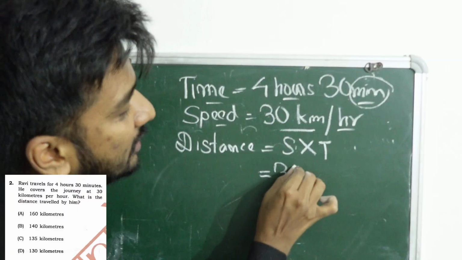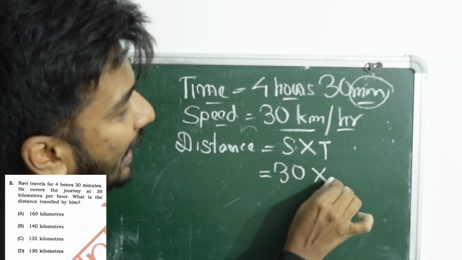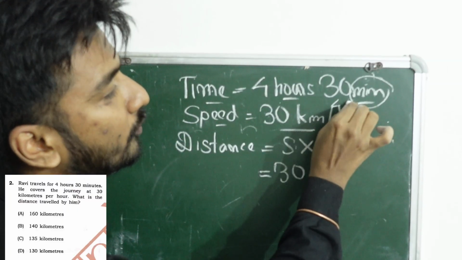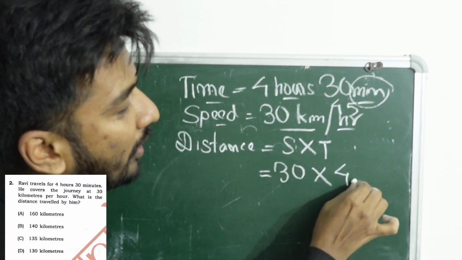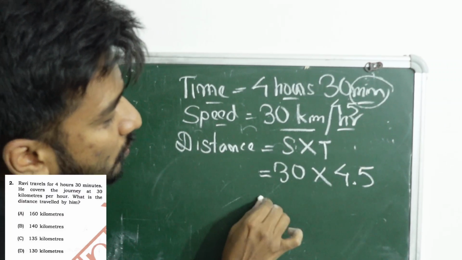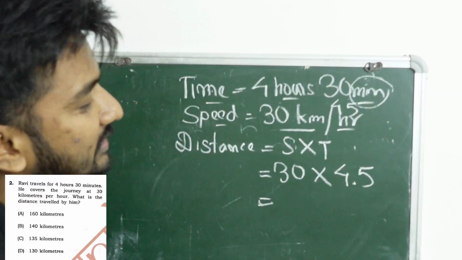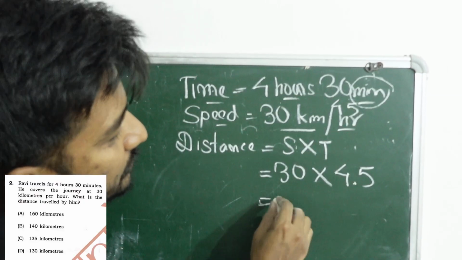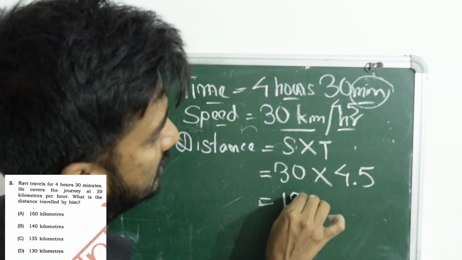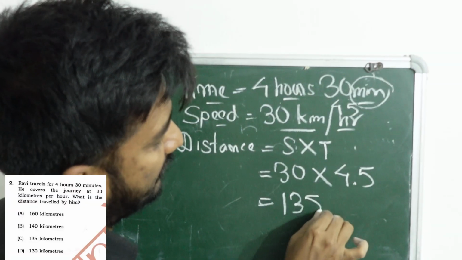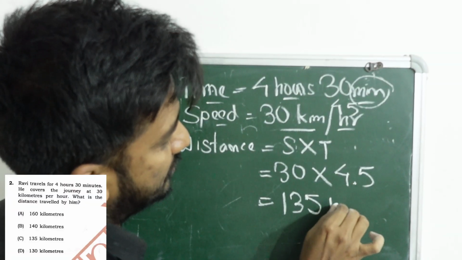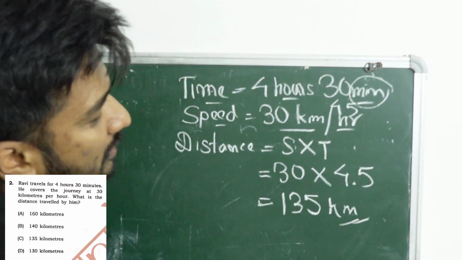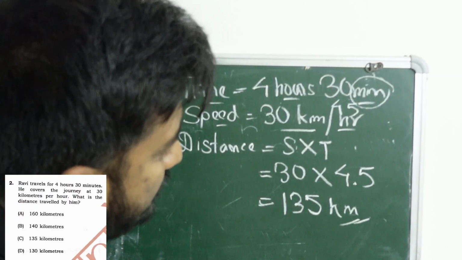Speed is 30 kilometers per hour into time, as I mentioned, 4.5. So what is the answer? 135 kilometers. So it is 135 kilometers.